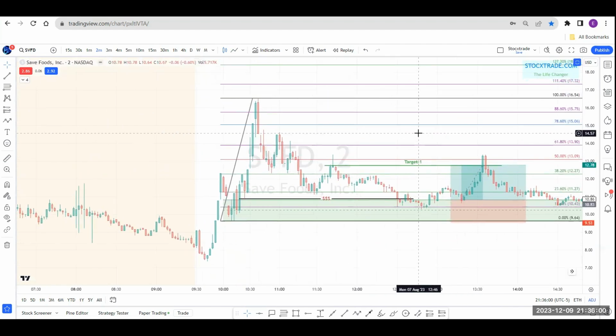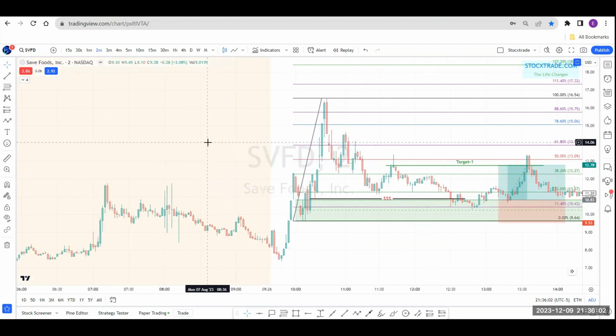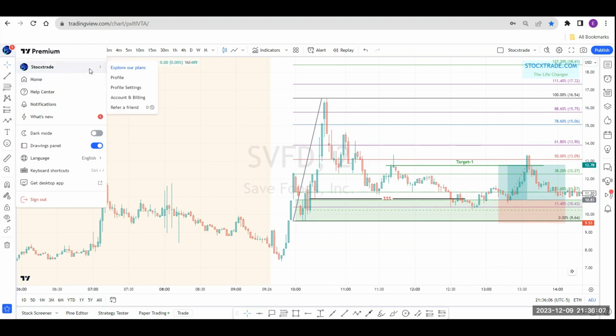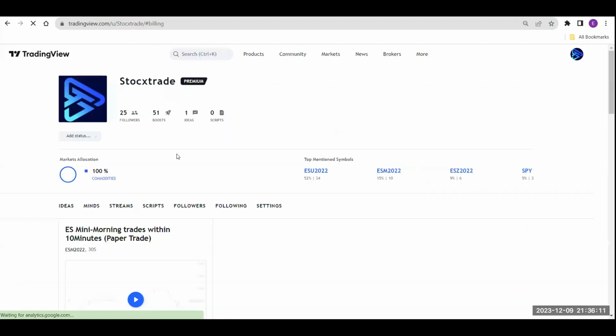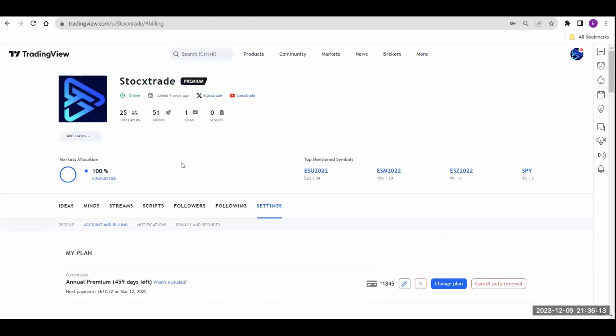For TradingView, I would recommend that just take at least the basic version. At least, which one?